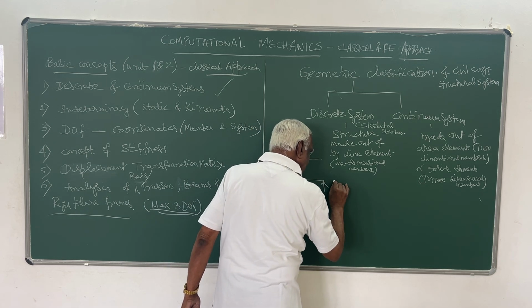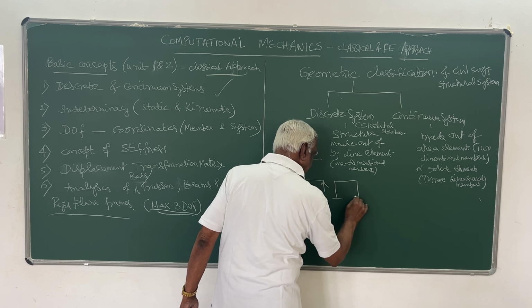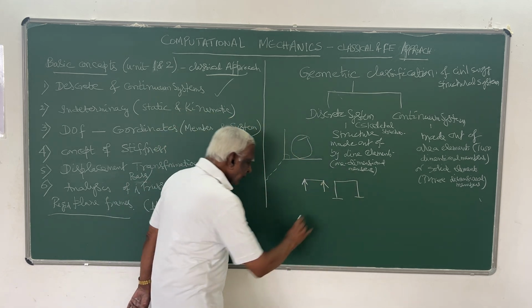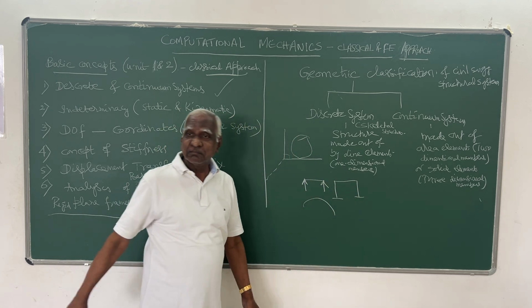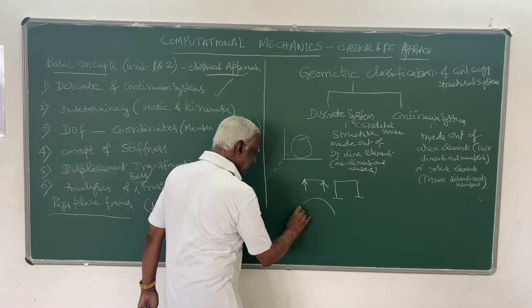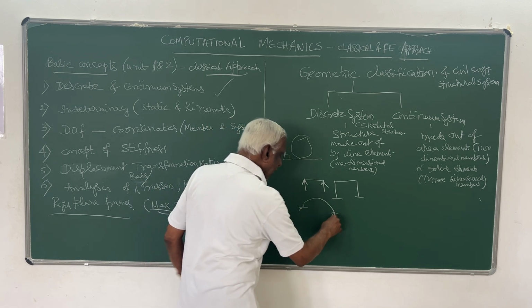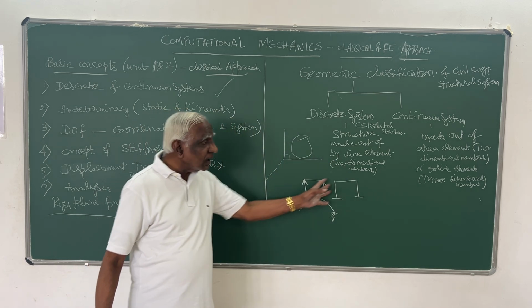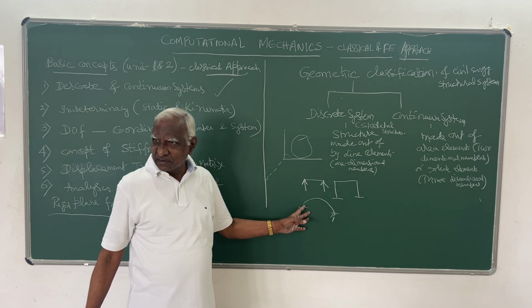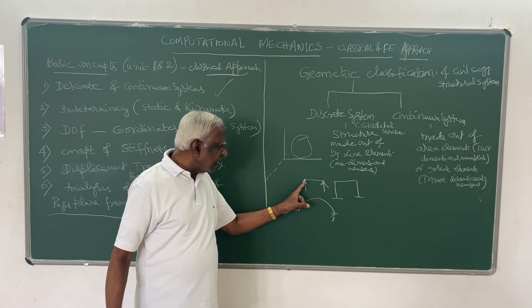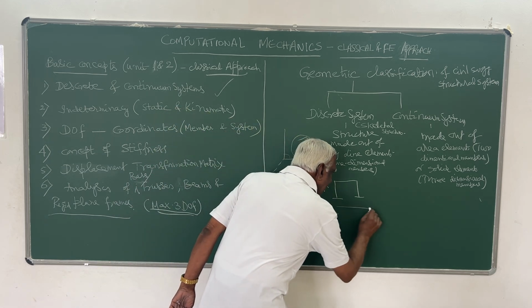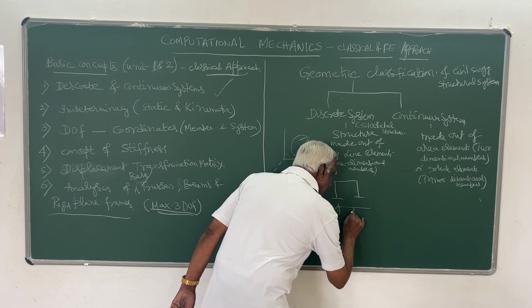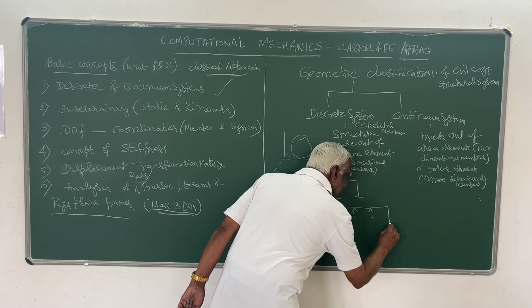For example, your beam, or it may be a rigid frame like that, or it may be an arch having supports, either fixed support or hinged support like this. All these types of civil engineering structures are made out of only line elements.